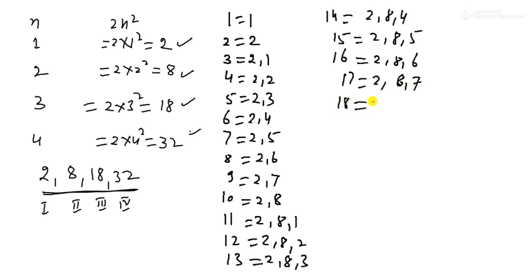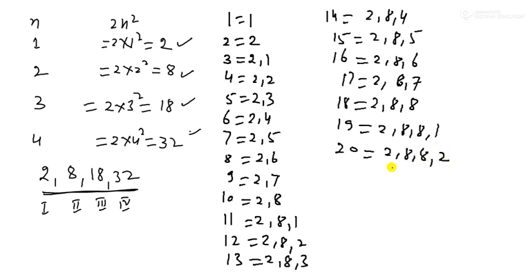And what about 18? It is 2, 8, 8. Now 19 is 2, 8, 8, 1. Now 20 is 2, 8, 8, 2. This is how you can do the electronic configuration. In your course only 20 elements are included.